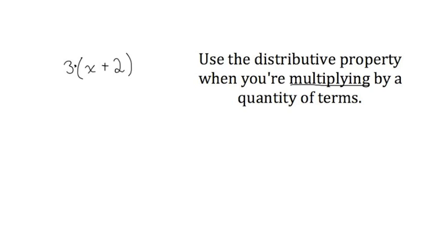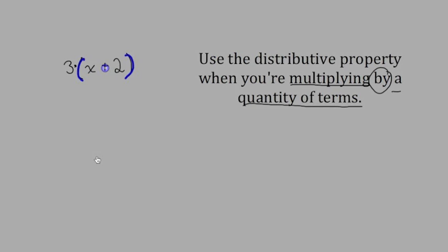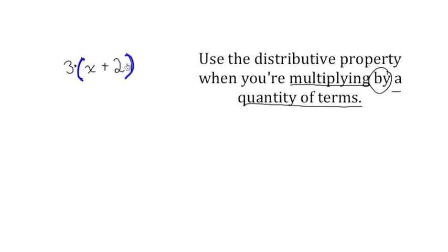So now we're multiplying 3. What are we multiplying 3 by? If we're multiplying 3 by a quantity of terms, then we'll be able to use the distributive property. Here we do have a quantity, and what's inside the quantity? Things being added. That's the definition of terms.